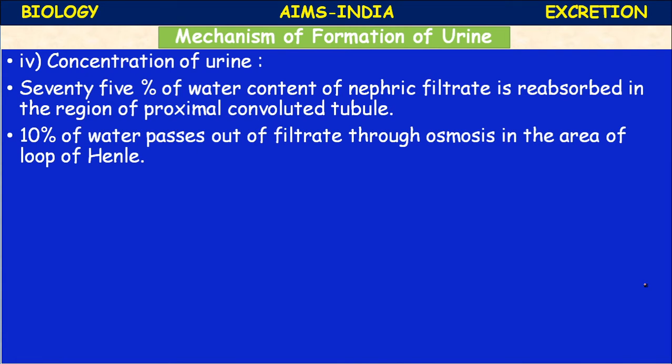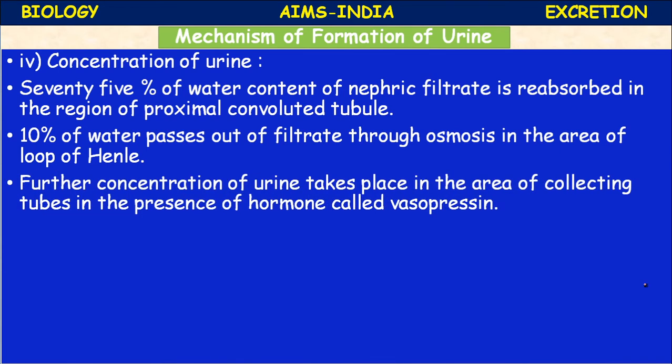In the loop of Henle also 10% of water passes out of the filtrate by means of what? Osmosis. The further concentration of urine takes place in the area of the collecting tubes.